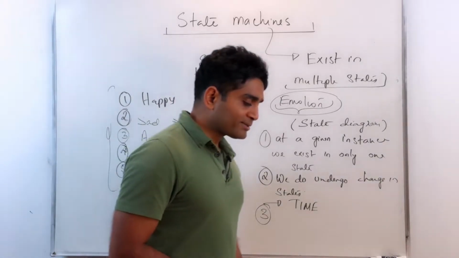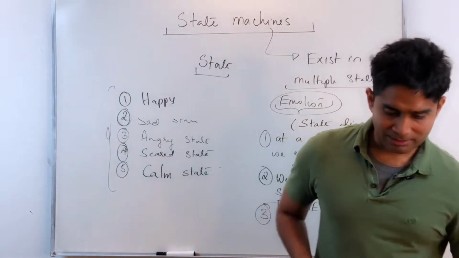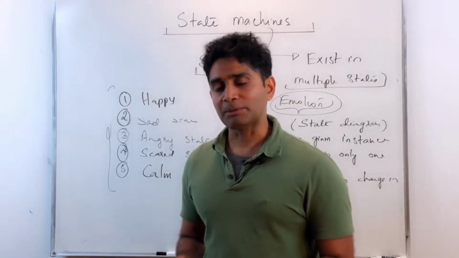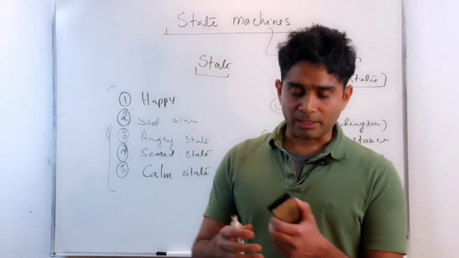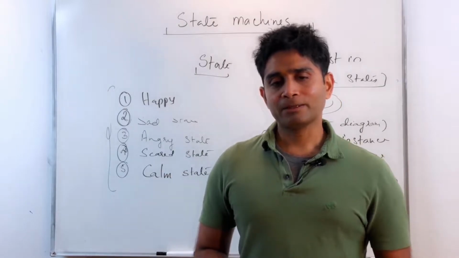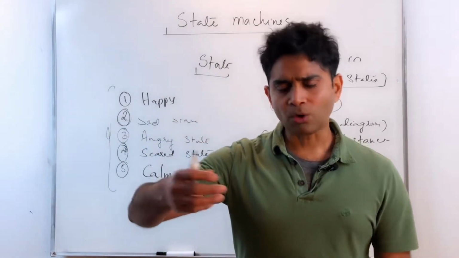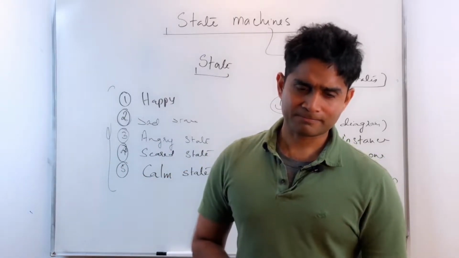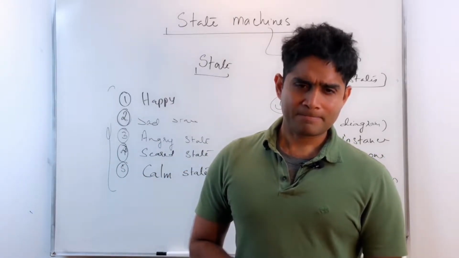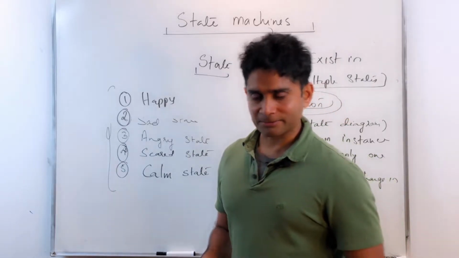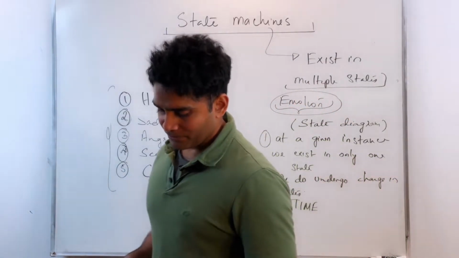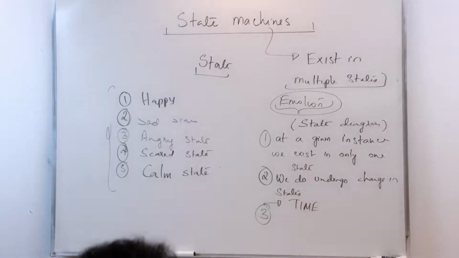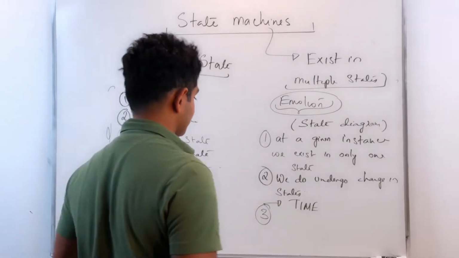Now, what determines those state changes? Let me put it this way: I'm in a particular state, right? At the next moment, what state will I be in? What is it that determines that? Can I get any comments from the class? Okay. Yes.